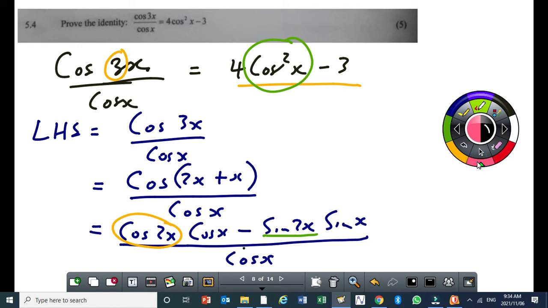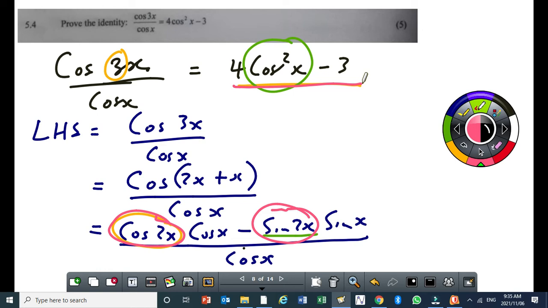First and foremost, this is a double angle for cosine. This is also a double angle, for sine. Do you see that on the right-hand side we don't have a double angle? By double angle, it means we don't have a 2 multiplying x. Since we have cos 2x, we have to eliminate it and write it in a form which doesn't have a 2. We also do the same for the sine. We don't want the 2 to multiply x, so we convert it to a form that is x only.